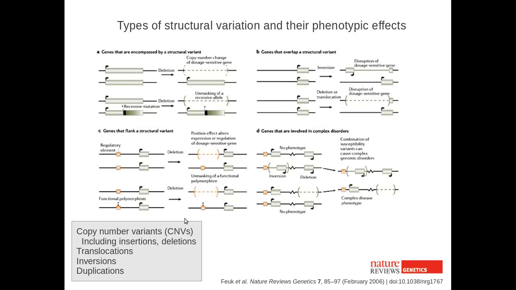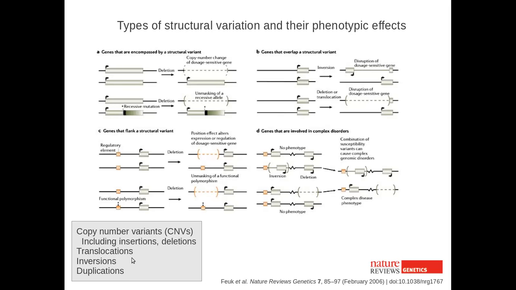Now, I wanted to make sure that everyone understands what we mean when we talk about structural variants. They come in several classes. We have copy number variants, which technically duplications also fall under the term copy number variant. So you have duplications, insertions, and deletions, which are all changes in the copy number of a piece of DNA in the cell.